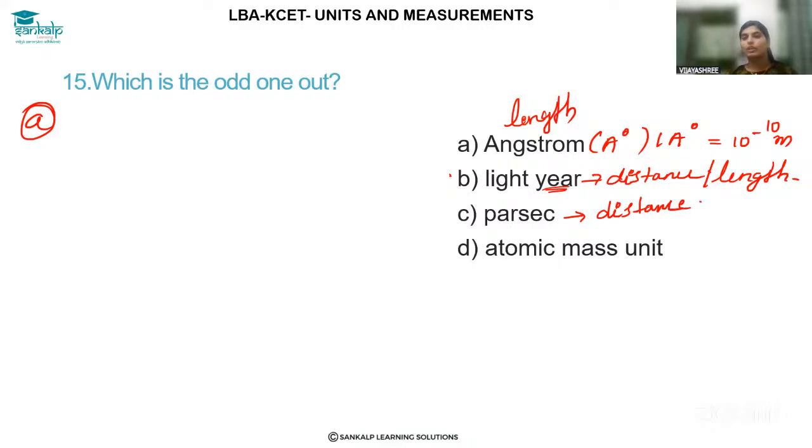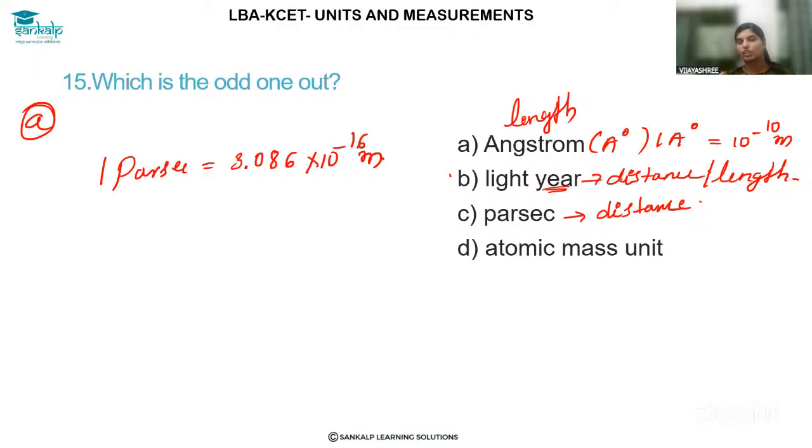It is defined as the distance at which one astronomical unit subtends an angle of 1 arc second. So 1 parsec ಅಂದ್ರೆ ಏನು? 1 parsec is equal to 3.086 into 10 to the power 16 meter ಆಯ್ತು. Okay, it is another astronomical unit.